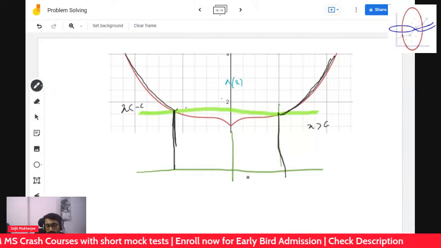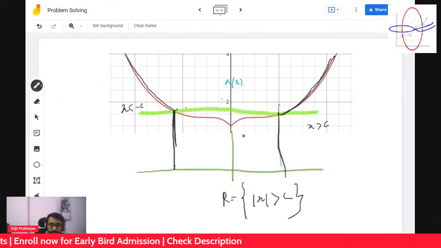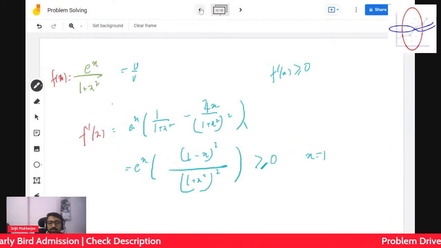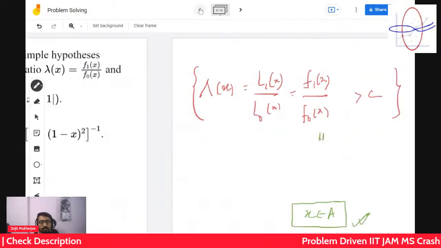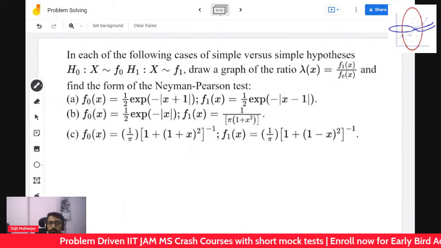So therefore, the rejection region is of the form mod x greater than c. That is the rejection region. And now, Nikhil, I hope we can do this. This is a rejection region idea. Okay, did you understand, Shaina and Nikhil? Follow me, did you understand? Thank you for asking the doubt.